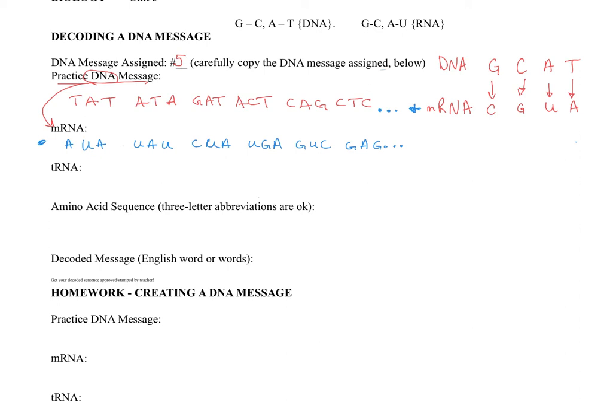For the purposes of thinking about how this works inside the cell, we're going to go from mRNA now to tRNA, because all of this happens inside of the nucleus. And we have to get this message outside of the nucleus so that it can be read and turned into proteins.